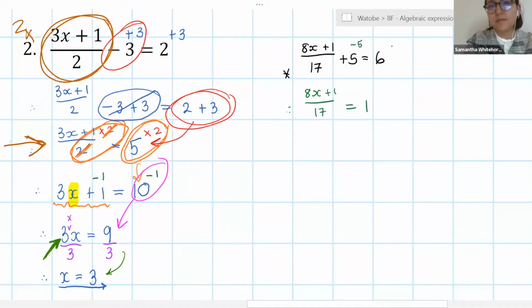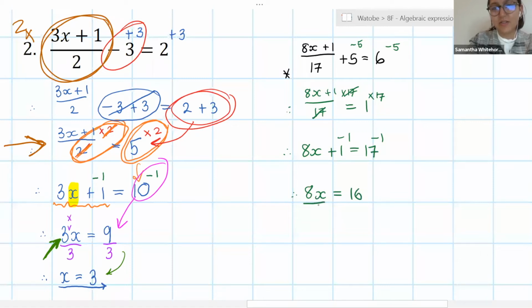And then you say 17 times 17 and 17 times 1, which gives 8x plus 1 equals 17. Good. Minus 1 on both sides. Awesome. And then you'll have 8x equals 16, and you divide x by 8 to get 2. Awesome, well done Ayanda. That's excellent.